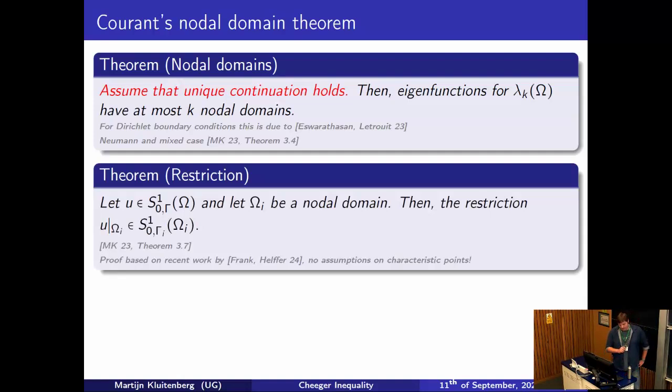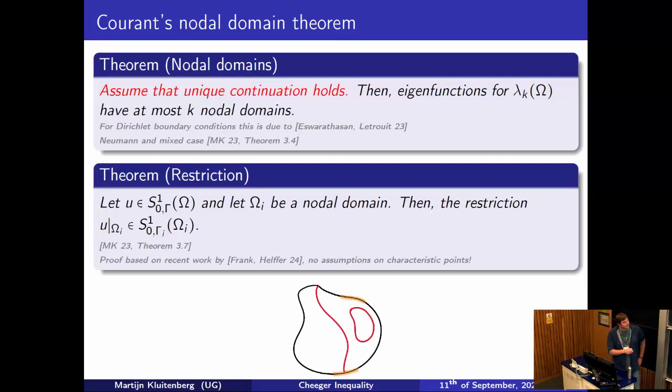And the second part is this restriction theorem, namely if you have u, which is in this space S1, which is kind of H1, but you only require the derivatives in ξ to be in L2, not all the possible derivatives, and that vanish where they're supposed to vanish. And I take a nodal domain, then the restriction of this function to the nodal domain is in the correct Sobolev space of the restriction.